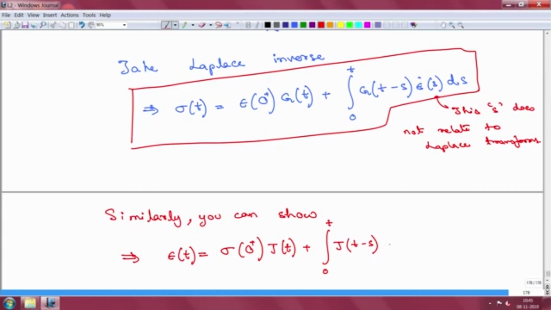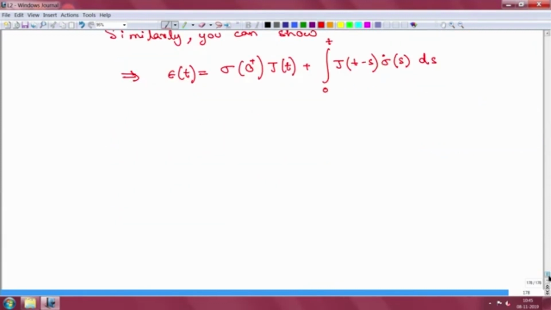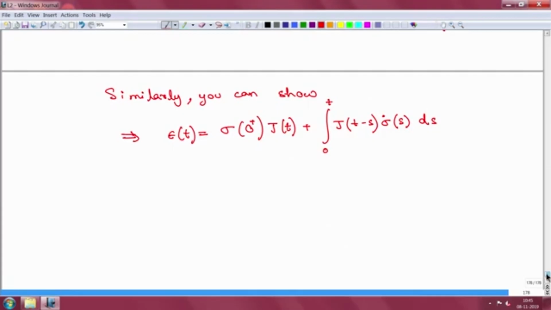Okay. It is becoming a bit of a tongue twister here. So, these two expressions are going to be very important to us, and they will be used quite a bit.